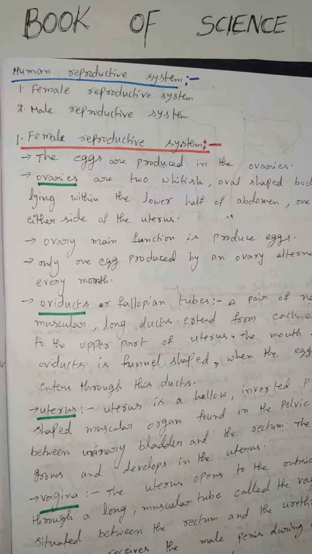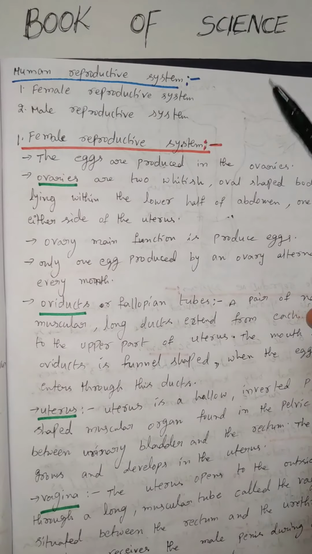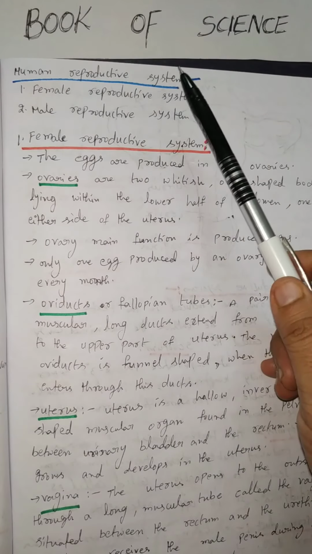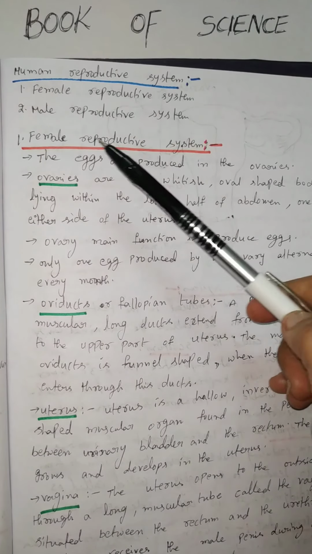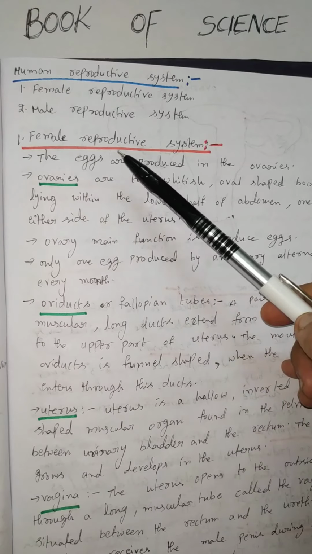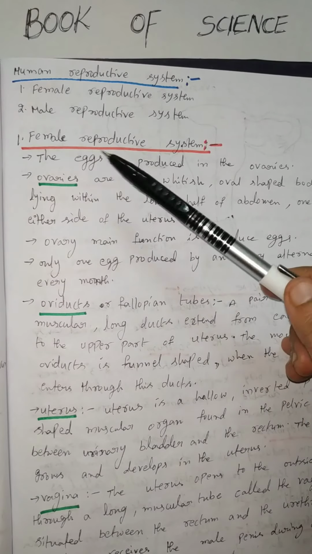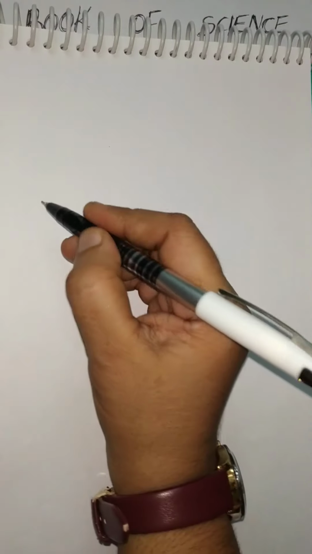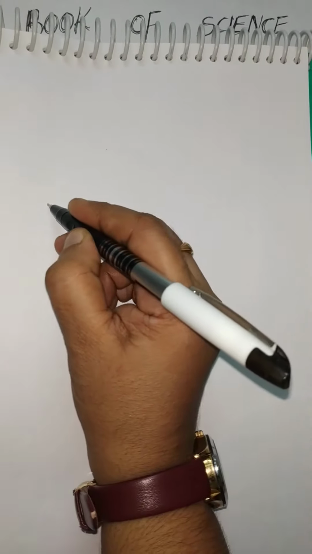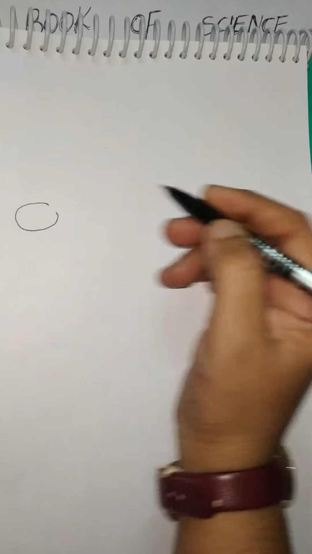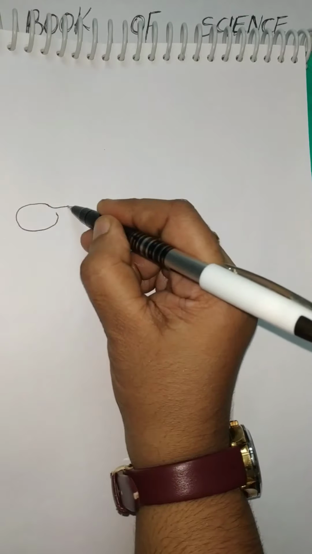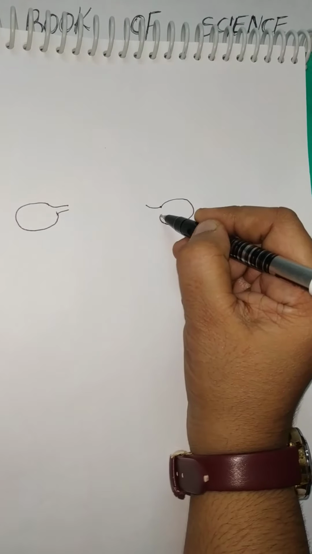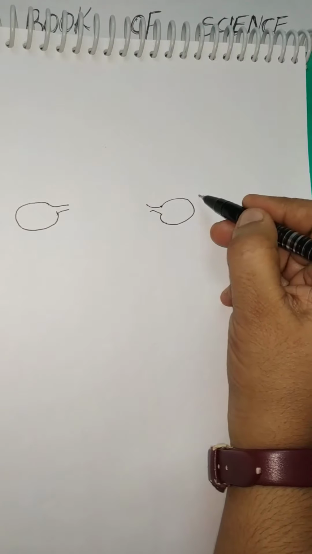Today I am teaching 8th class biology, reproduction in animals. In this chapter we will learn the female reproductive system. Before going into this chapter, we will learn a neat diagram. This is one pair of ovaries.